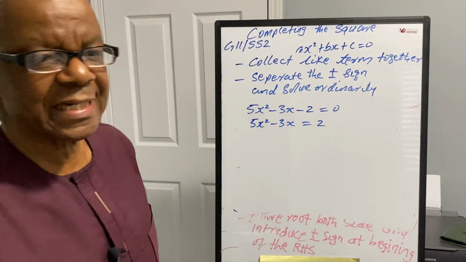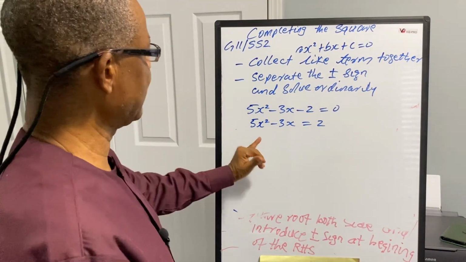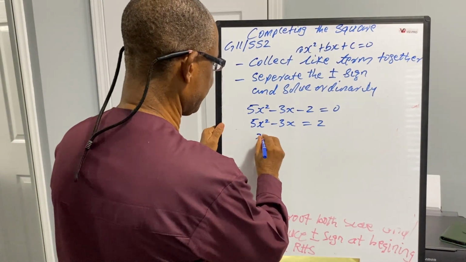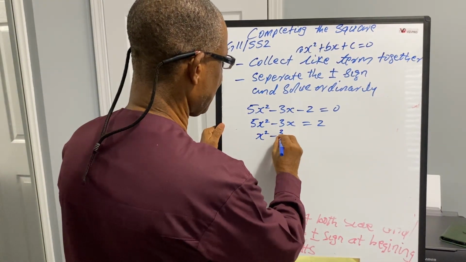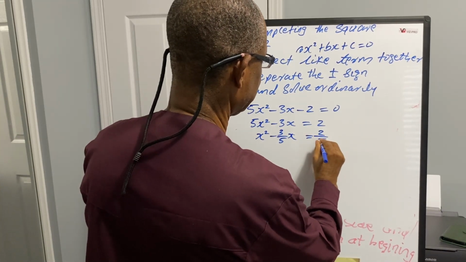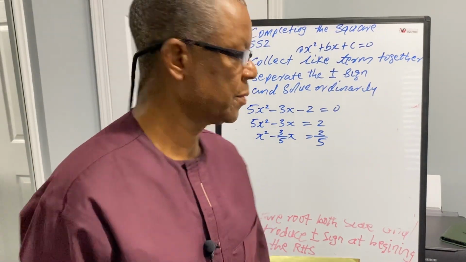The constant is now at the right hand side. And the second step, divide each item by the coefficient of the second degree. We divide this by 5, we have x squared. We divide this by 5, we have 3 over 5 x. We divide this by 5, we have 2 over 5. We have done step 2.